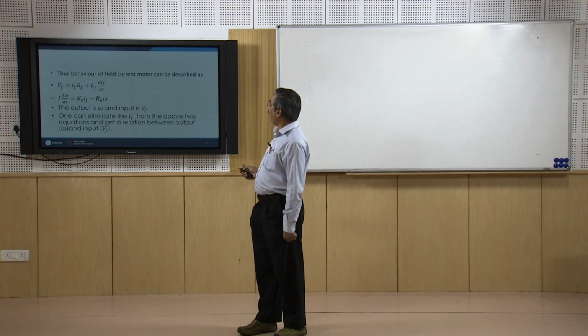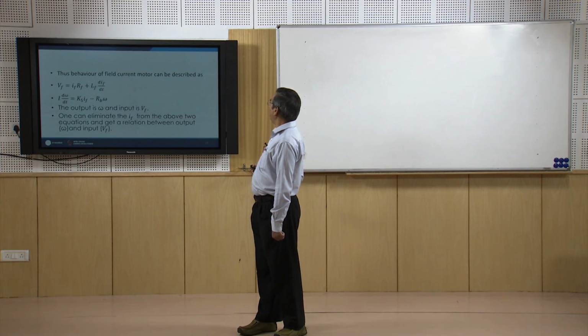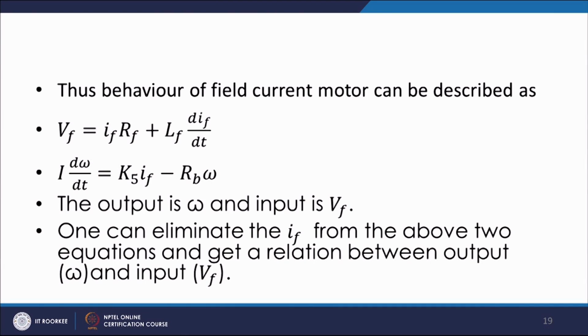Thus, the behavior of the field control motor can be described by these two equations. That is, Vf is equal to IfRf plus Lf dIf by dt. This equation we wrote for the field coil circuit.